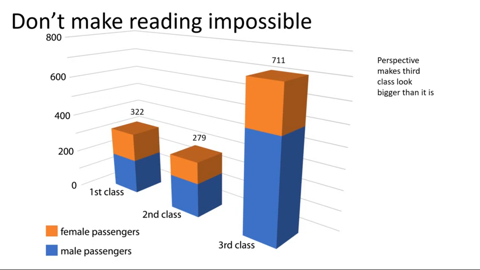There are actually 711. And it's because the bars aren't sitting up against the zero line. There's a gap between the bottom of the column and where this angled line comes around. So you're getting the wrong read, and it's kind of distorting the number and the size of the third class passenger data set.